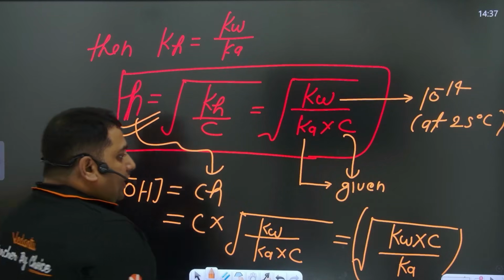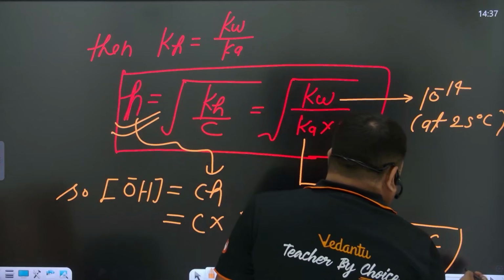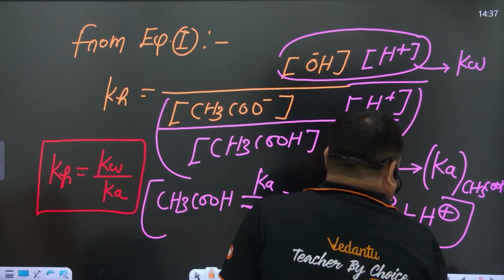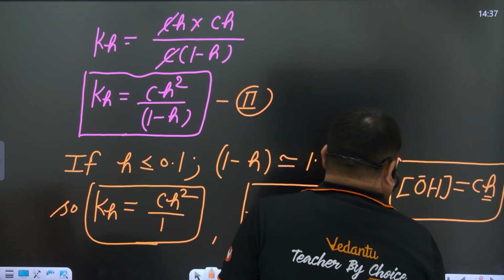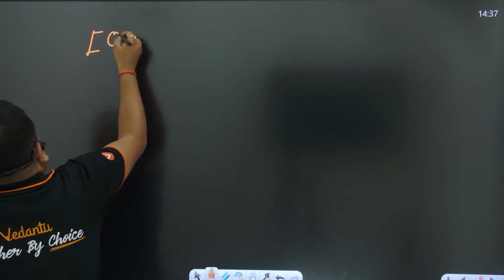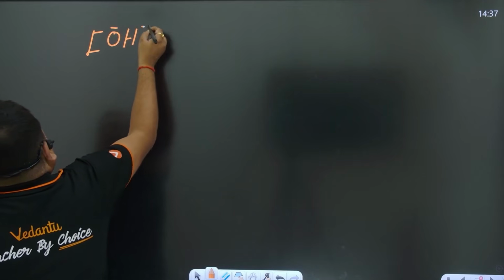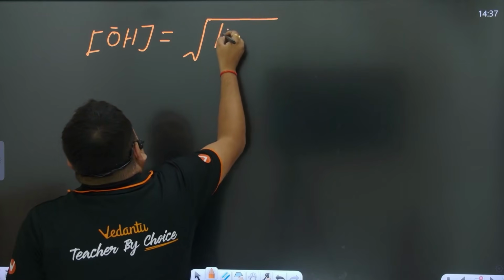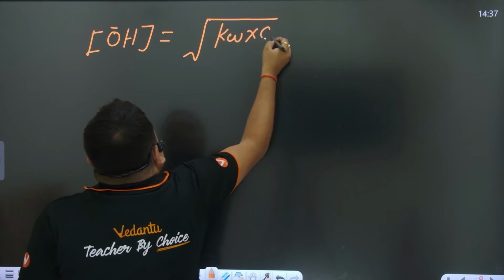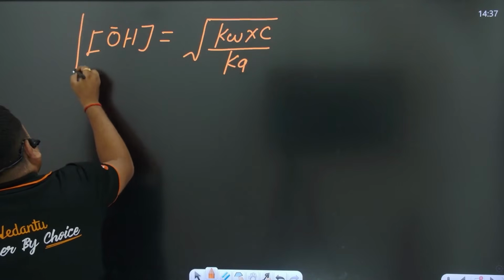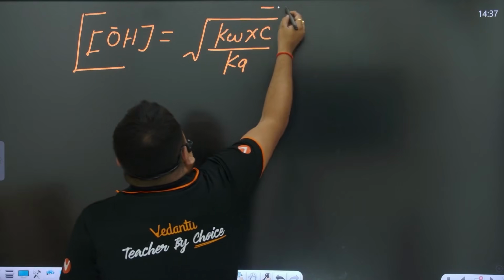Ultimately we conclude here that OH minus ion is equal to under root of Kw into C by Ka, right? So the concentration of OH minus ion is this.